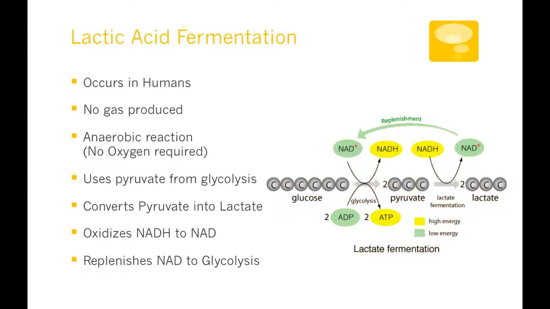It converts the pyruvate into lactate, and it oxidizes NADH to NAD. NAD is the necessary molecule for glycolysis, which, as we know, is the first step in our cellular respiration pathway. So it replenishes the NAD for glycolysis to take place. But we don't get any energy production out of it.